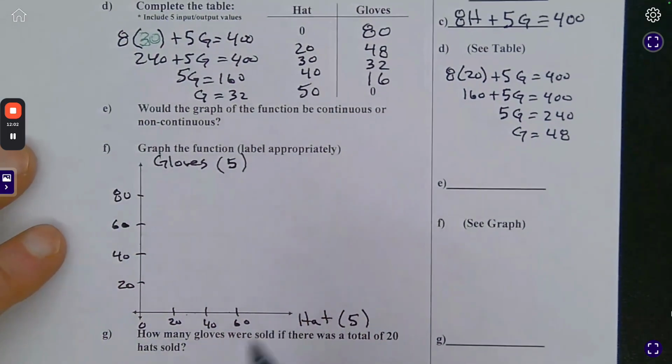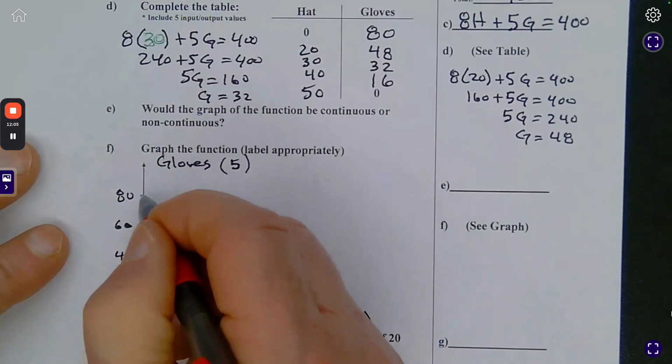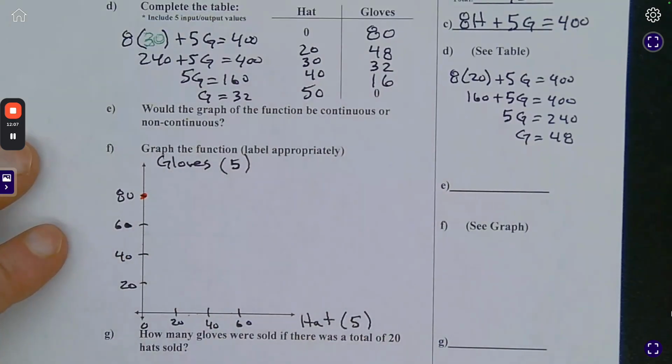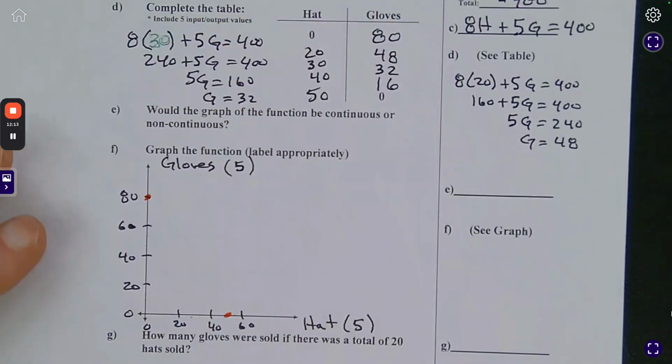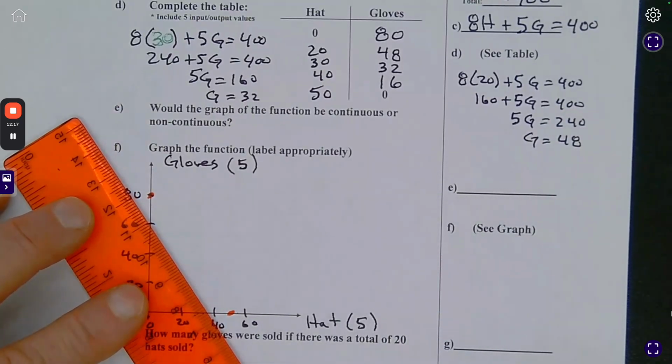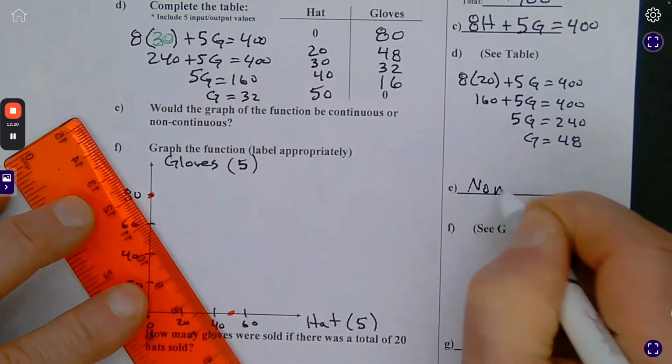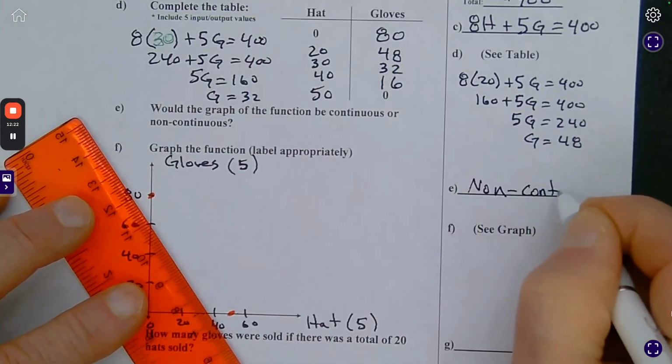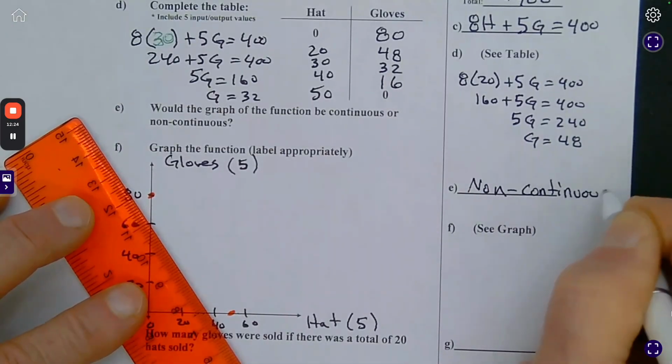All right, let's plot some points. 0, 80. So if I sell 0 hats, 80 gloves. If I sell 0 gloves, 50 hats. This is non-continuous. We already decided that. Oh, we didn't already decide it. Let's decide it now. Because I cannot sell a fraction of a hat or fraction of gloves. So it's non-continuous.